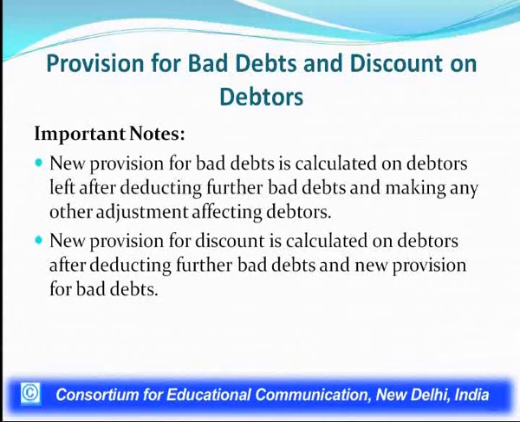So if any transaction is affecting the debtors, then we should first find out the net amount of debtors, then deduct from it the further bad debts, and on the balance amount left we should calculate the new provision. Similarly, the amount of new provision for discount is calculated on the debtors after deducting the further bad debts and new provision for bad debts.